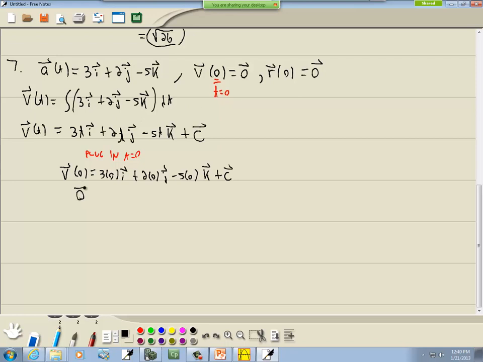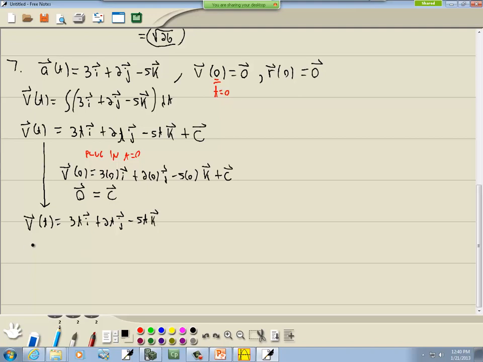So this is the 0 vector, and all those drop away. So that tells us our constant vector is equal to the 0 vector, which means this right here now becomes v is equal to 3ti plus 2tj minus 5tk.